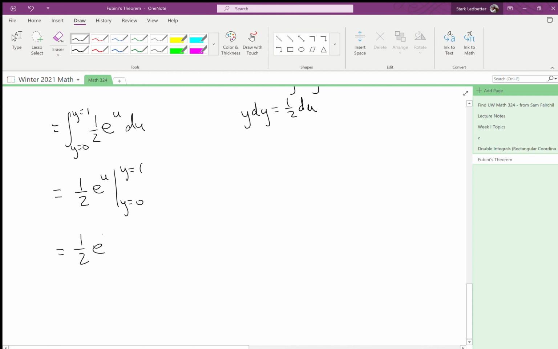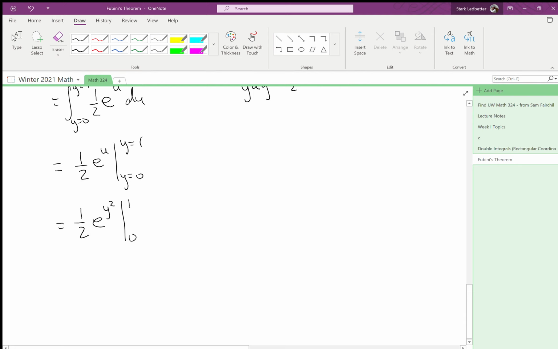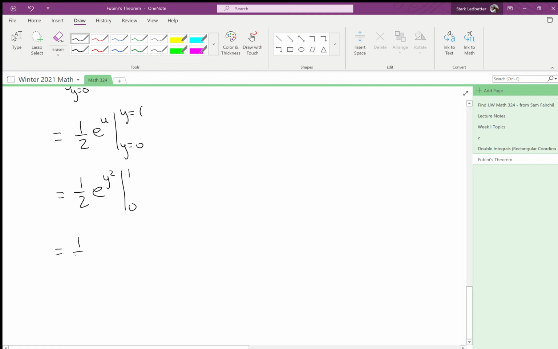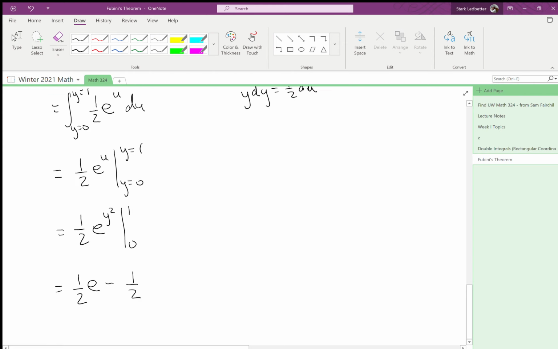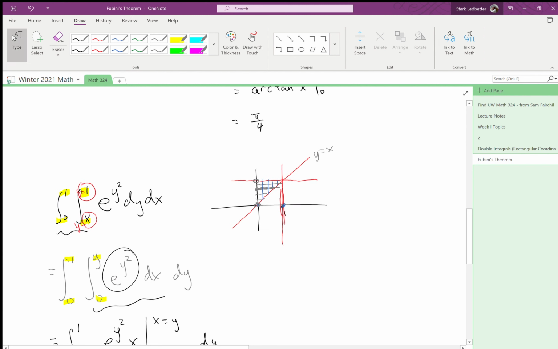So 1/2 e to the y squared as y goes from 0 to 1, which is 1/2 e to the 1 minus 1/2 e to the 0. e to the 0 is 1. Aha! So plugging in 0 doesn't always give you 0. All right, so there's the answer to that one. Could not have found that if I had started with my original thing. I just would have been stuck forever. So Fubini's theorem certainly helps us.